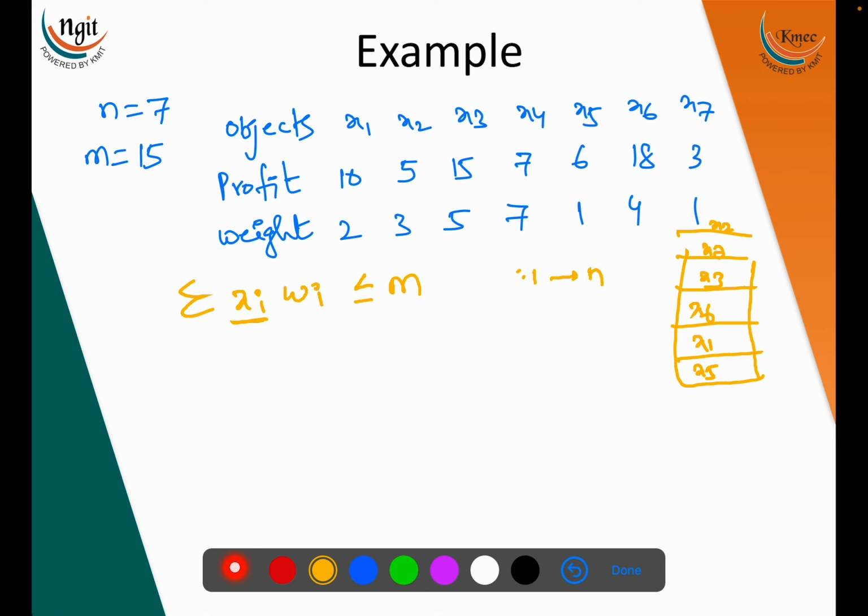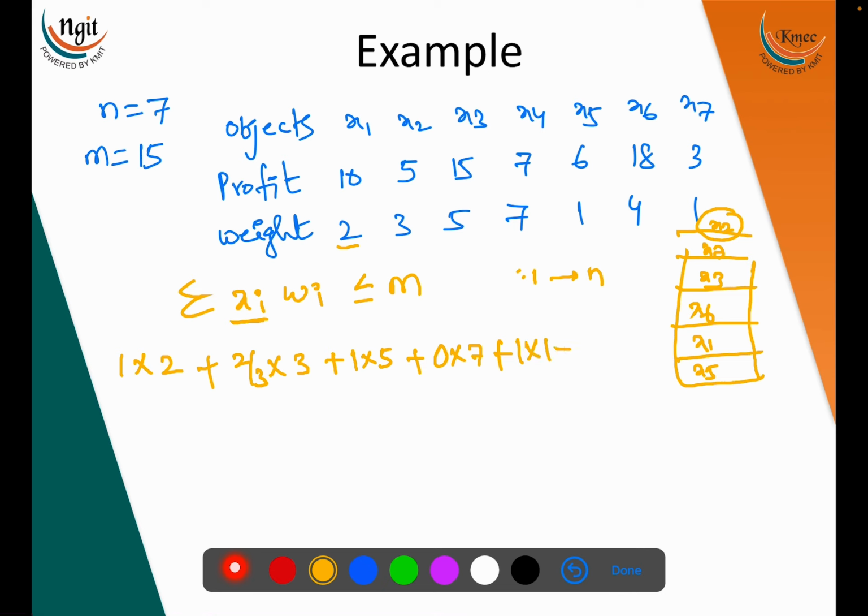Now X1 is placed, so 1 into 2. Object 1 we placed, with the weight of 2, plus X2 we placed not fully but 2 by 3, so 2 by 3 into the weight 3. X3 also we placed fully, 1 into 5. X4 we did not place, 0 into 7.